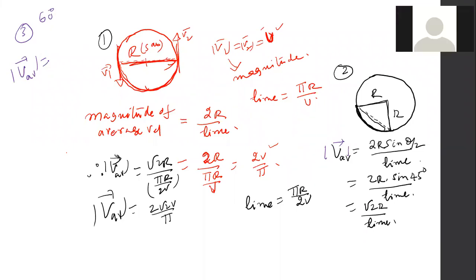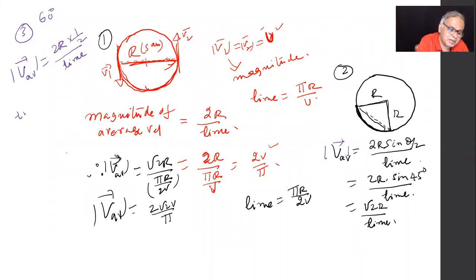Sine 60 by 2 is sine 30, and sine 30 is half. So 2r into 1 by 2, divided by time. But time will be how much, children?